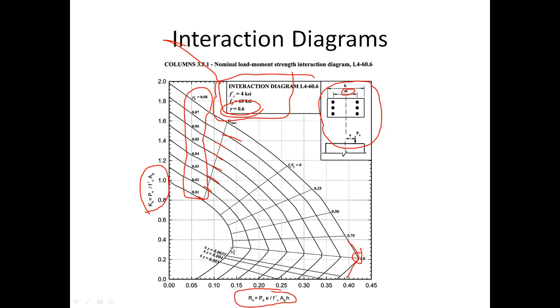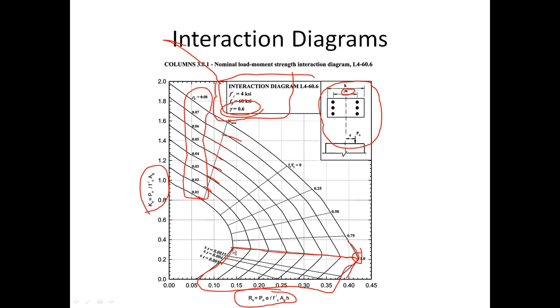Well, below the kink, this is an area that you have tension control. This is an area where the column has so much moment on it that it basically is starting to behave like a beam.